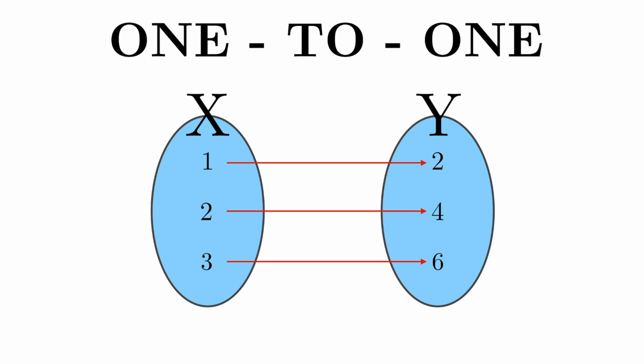For example, here, 2 is related to the input 1 in the set x, which is at most 1. 4 is related to 2, that's just 1. 6 is related to 3, that's just one input that output is related to. Alright, if 2 was related to more than one input, then it wouldn't be one-to-one. Again, there is going to be a clear example later in the video.